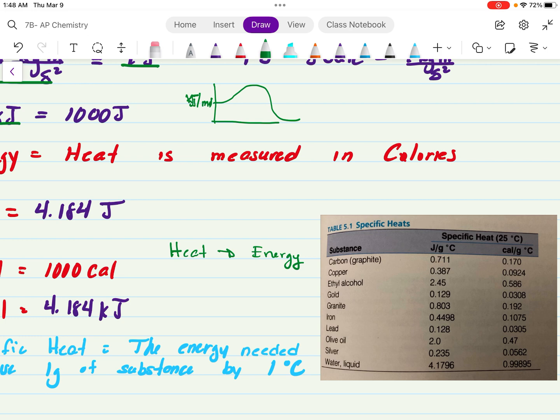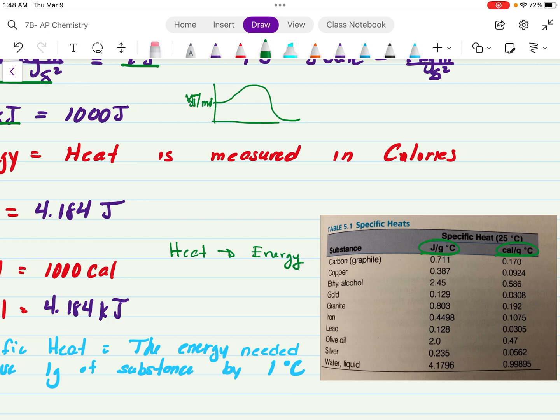This is represented as both joules per gram Celsius and calories per gram Celsius. So what this is telling you is the ability of this particular substance to absorb heat to change the temperature of that substance by 1 degree Celsius.